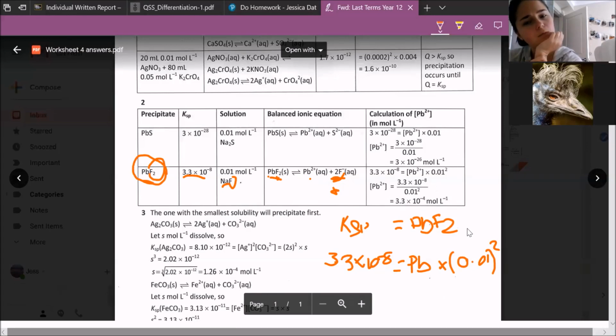Like, why'd you put square there in this situation? In the 0.01. Yeah, because remember, there's 2 fluorides. Okay, yeah, I think I get it. Yeah. Okay, let's recap again.